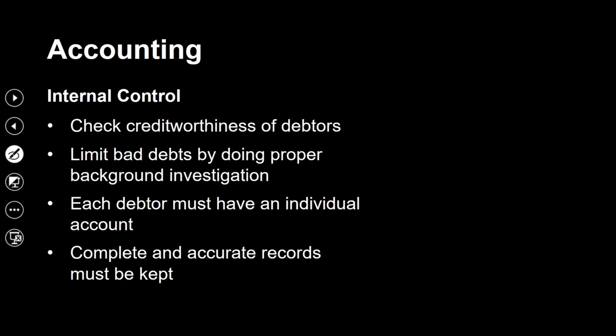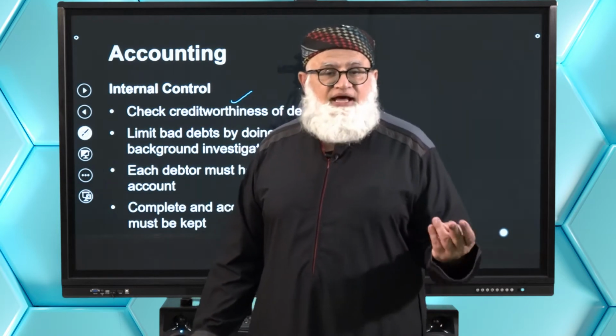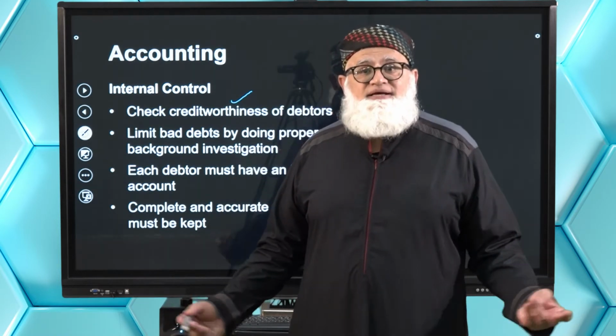What are the internal control procedures that we need to have in place with regards to our debtors? Number one, check creditworthiness of the debtors. What do we want them to do? Provide information. Who have they bought on credit before? Do they have a record of a credit history, right?